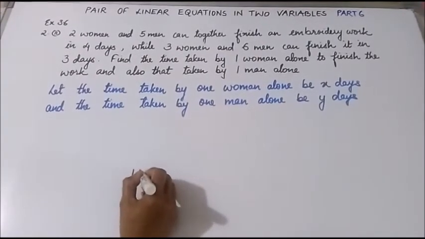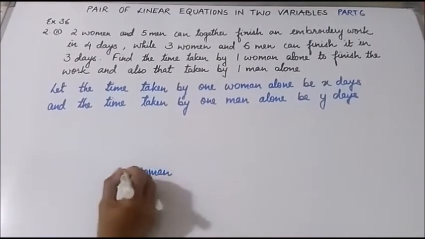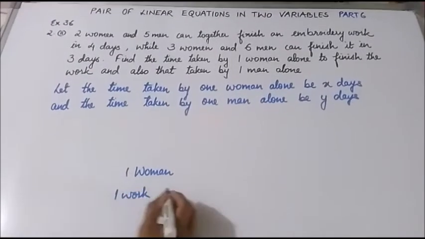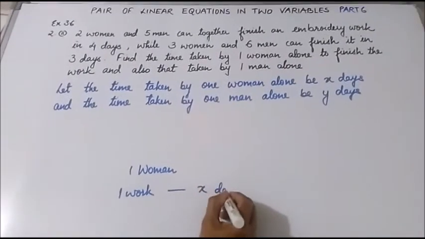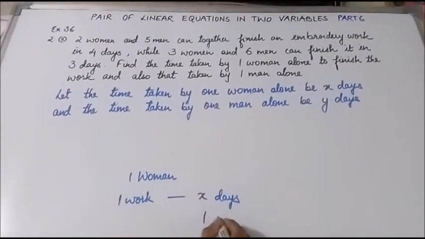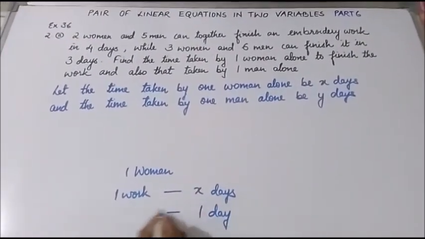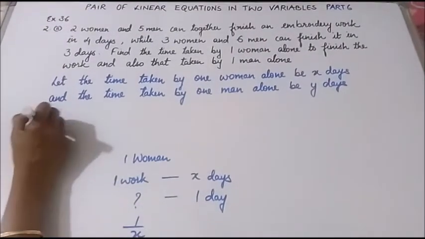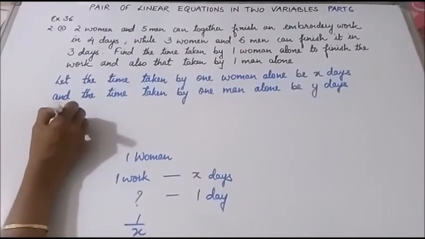So 1 woman, to complete one work, she takes X days. So in 1 day, how much work she completes? 1 by X.